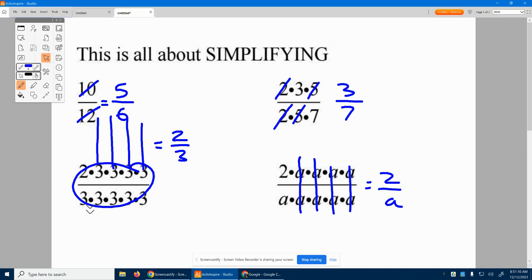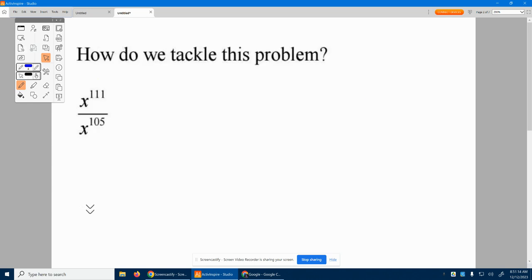Now, let's look at the next. What if we had this? How would we tackle this problem? Well, x to the 111th, you know you have 111 of these, over 105 of these, right? Well, we're not going to write everything out. We know there would be a lot of canceling going on.